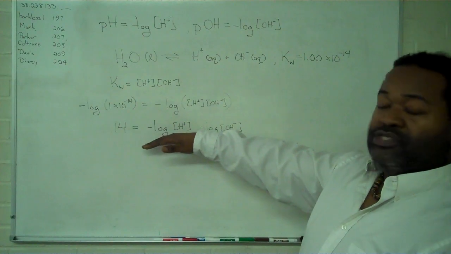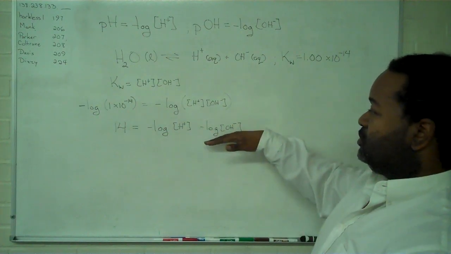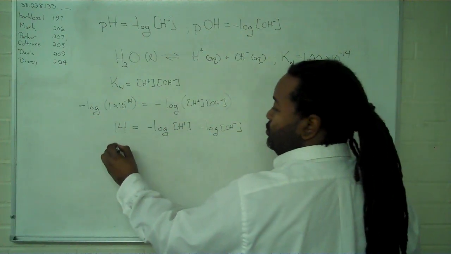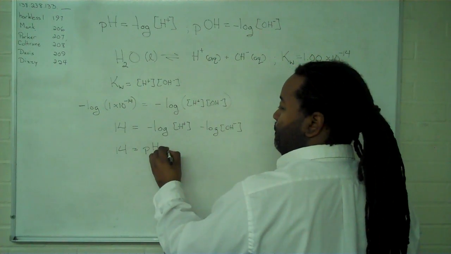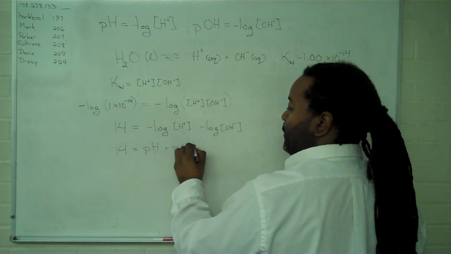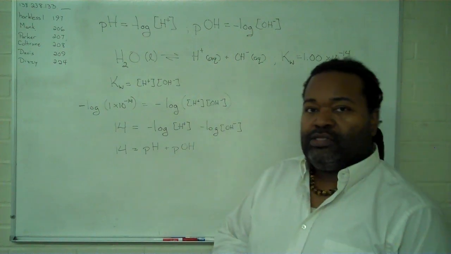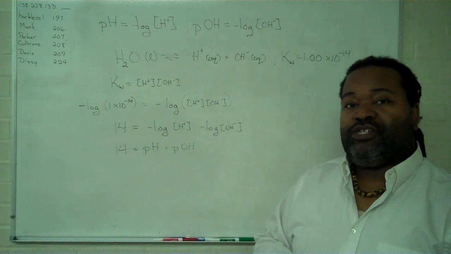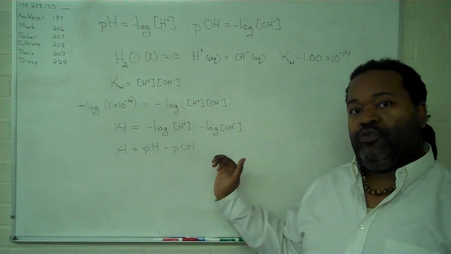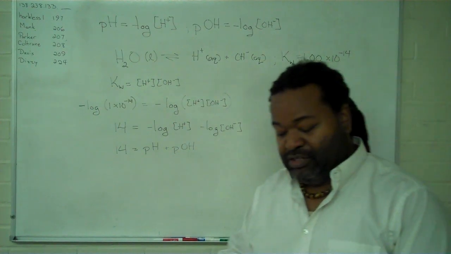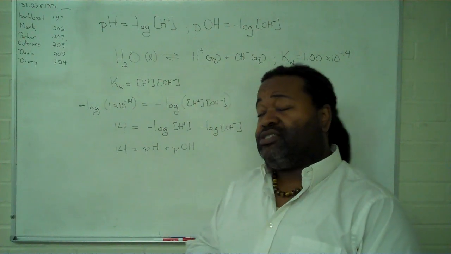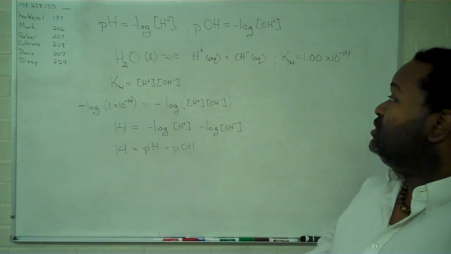Well, we know that this term is pH, this term is pOH. And so this gives us one way of determining pH if we only have hydroxide ions to calculate. We can just say that pH equals 14 minus the pOH.